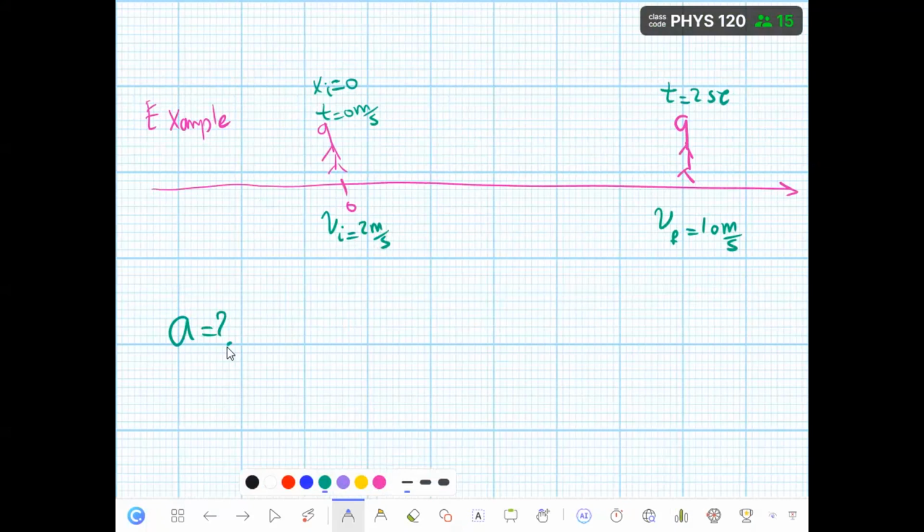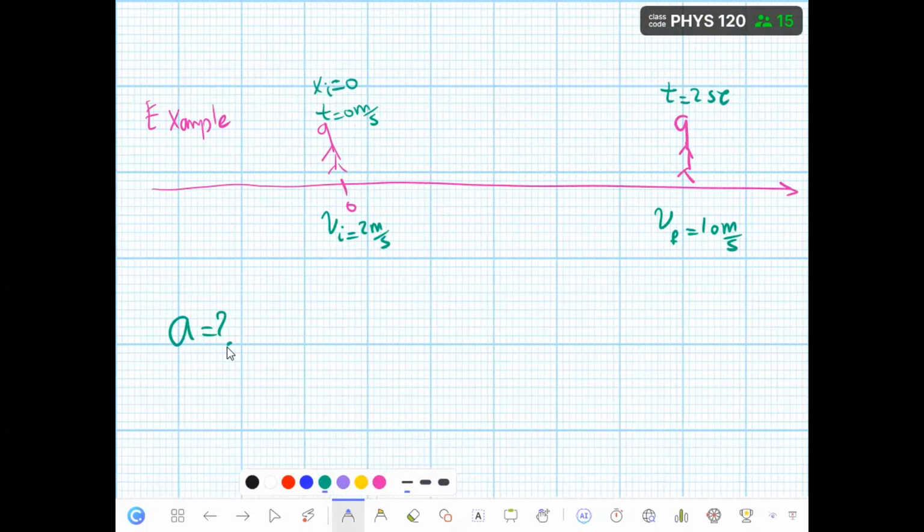How many seconds does it take to reach the velocity of 10 meter per second? It takes 2 seconds. First, calculate the acceleration.